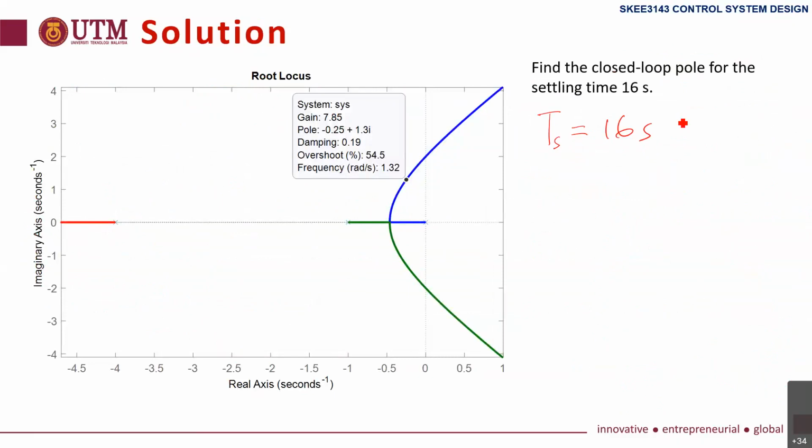Okay. That means I want my zeta omega n to be equal to 4 over 16, which is 1 over 4, 0.25.